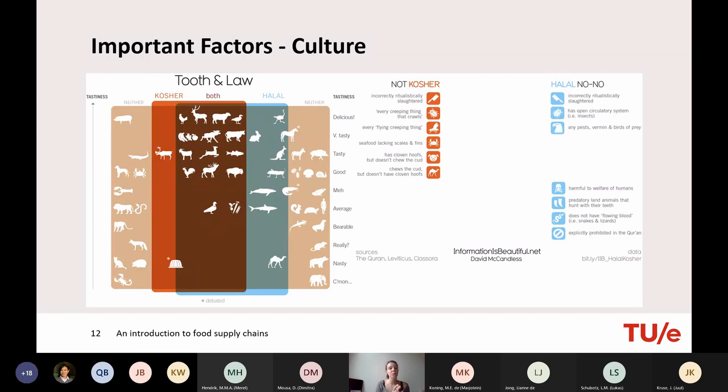So basically, if you grew up in the Netherlands with a certain type of background, you may be used to a specific type of meal, a specific type of food, and you will not necessarily accept other types of food very easily because they don't fit into your diet. They don't really satisfy you from a nutritional perspective.